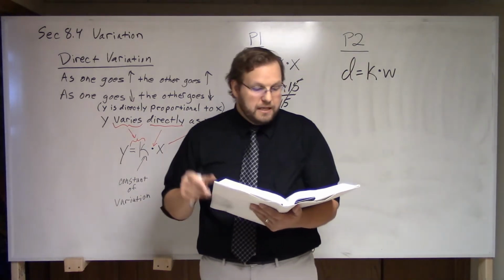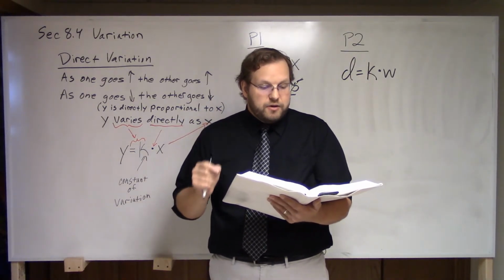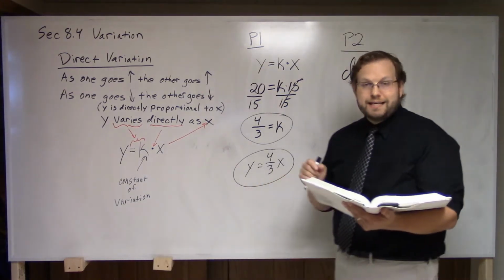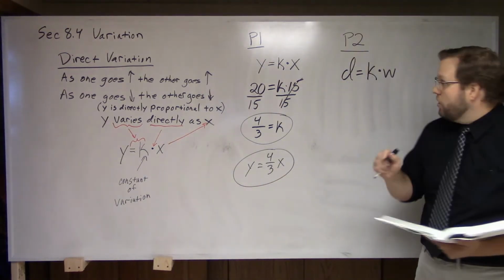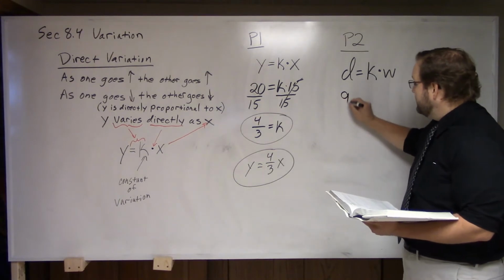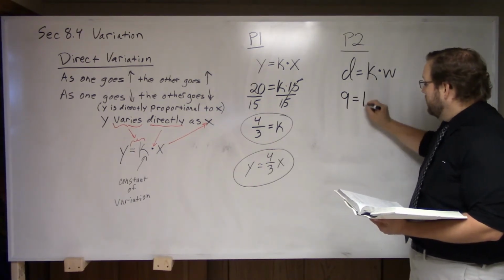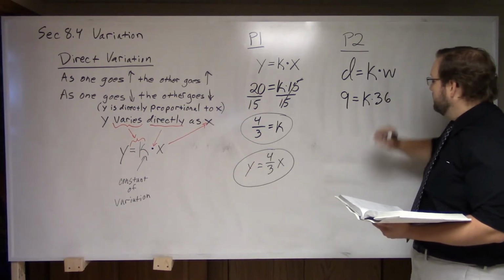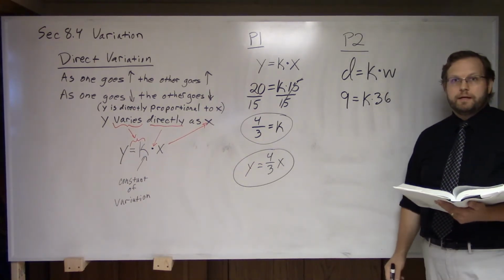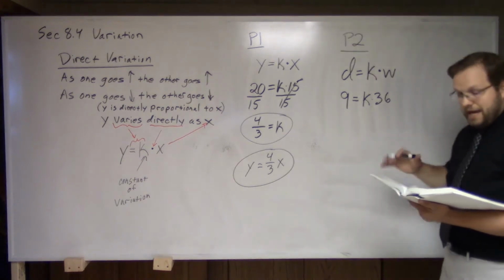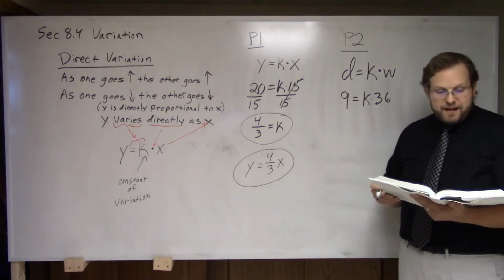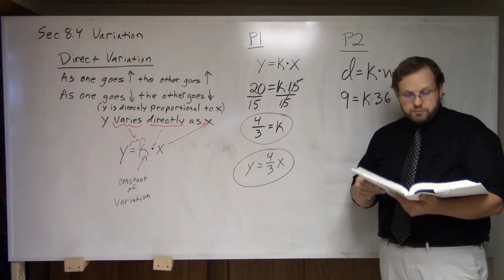Practice 2 says that if a 36-pound weight attached to a spring stretches the spring 9 inches. So we know that 9 inches of distance was stretched when the weight was 36 pounds. Now it then says, if we know that, find the distance that a 75-pound weight would stretch the spring.